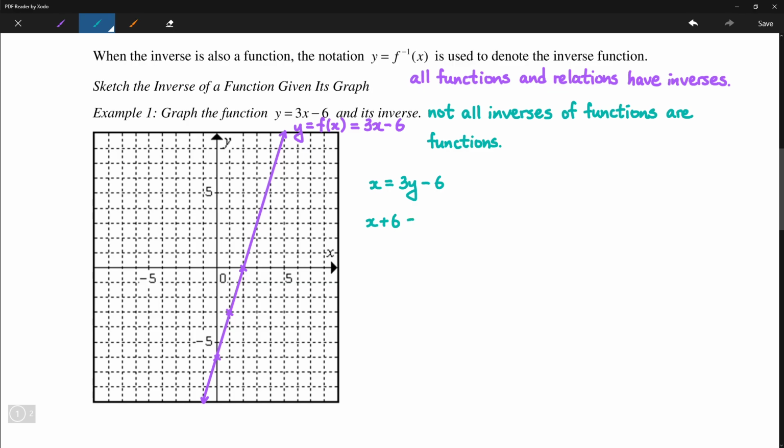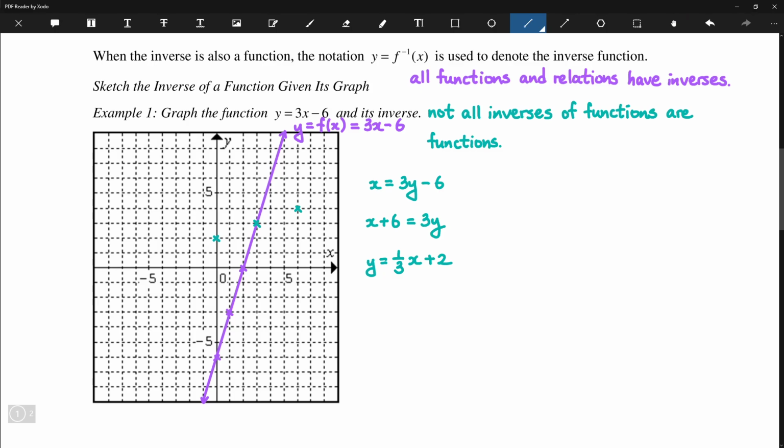Next step was 3y, and then we can divide both sides by 3. So we'll have y is equal to 1/3 x plus 2. All right, so the y-intercept is 2, and then the slope is 1/3, something like this.